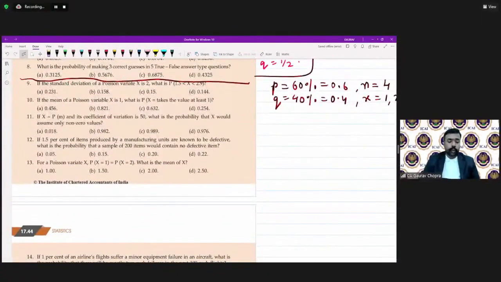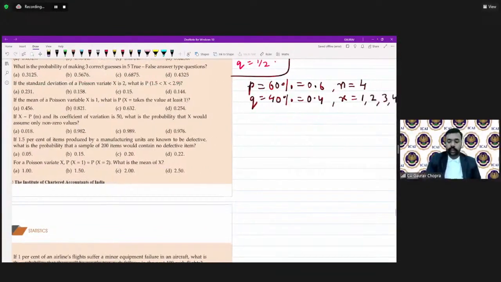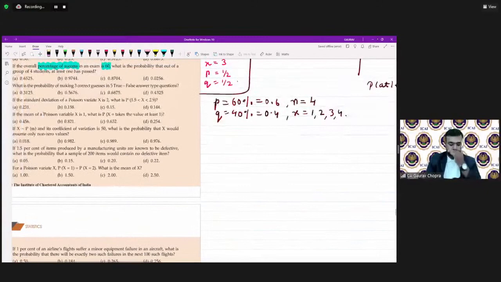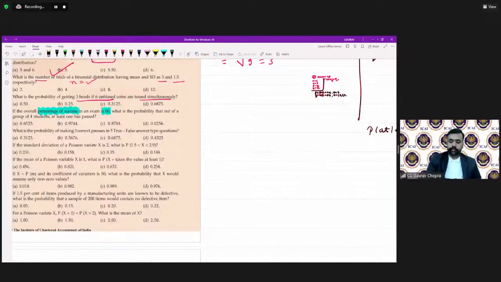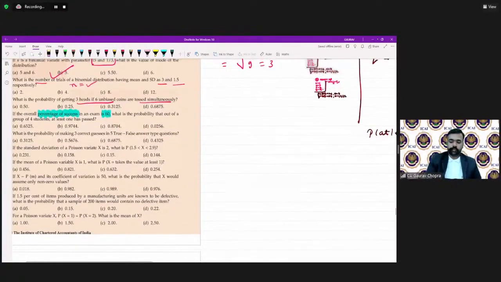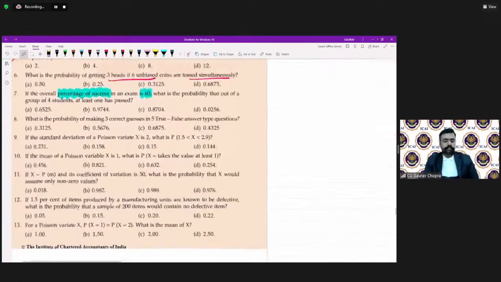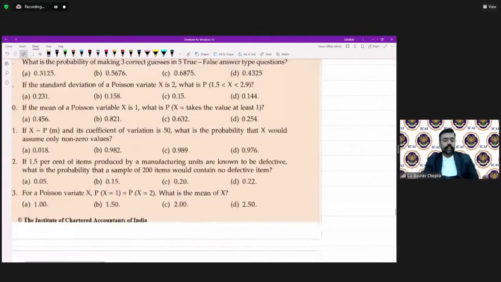Yes. Now we are doing set B, question number 9. So what does this question number 9 say? If the standard deviation of Poisson variate x is 2. So what is given? Standard deviation is given as 2.